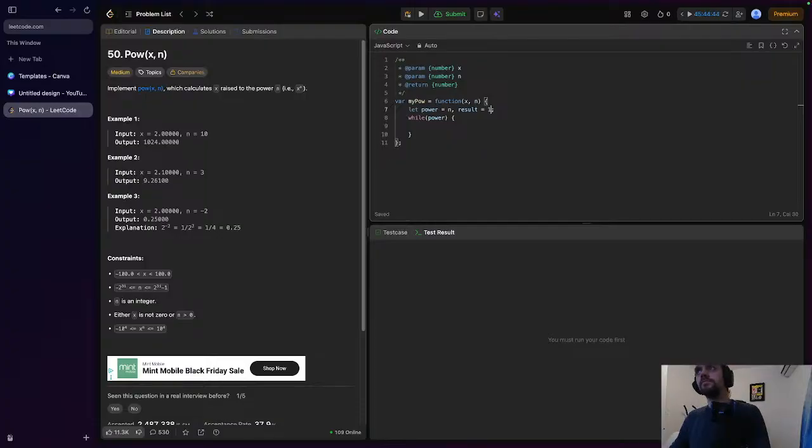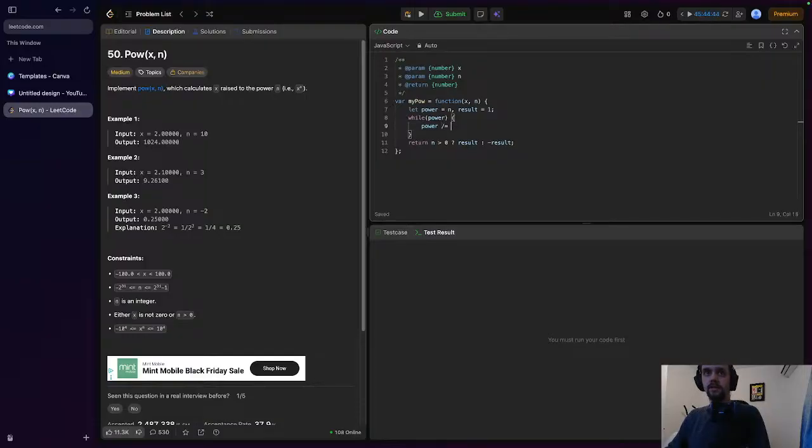Yeah, we'll always be at least 1. We'll return result, and if power is 0, then we'll end up with a result of 1. If n is greater than 0, else negative.